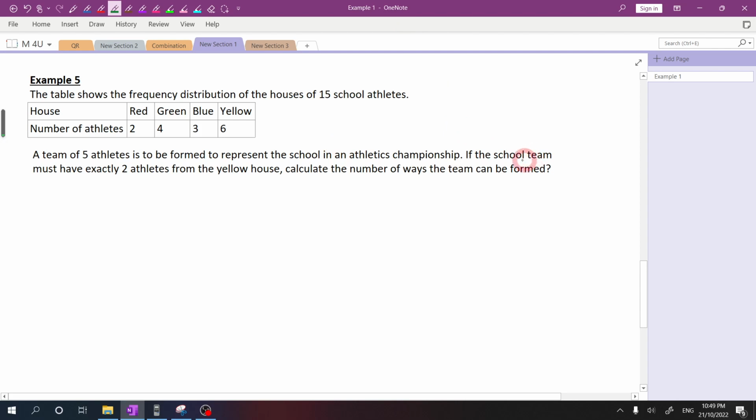If the school team must have exactly 2 from the yellow house, and the rest you can choose from red, green, or blue, but total we need 5. These are all important information. We need to pay attention to it. Calculate the number of ways the team can be formed.